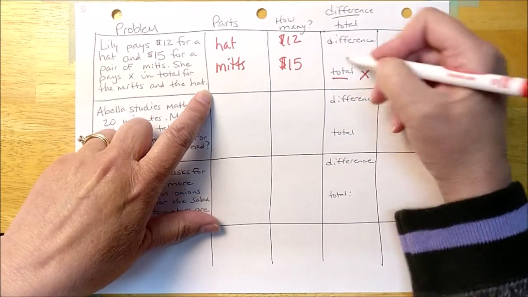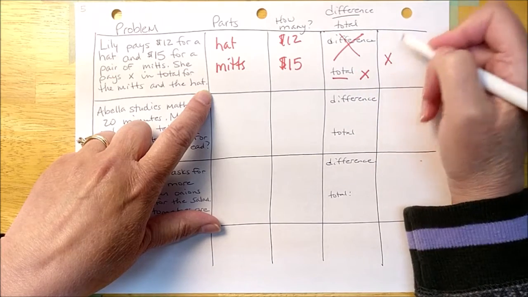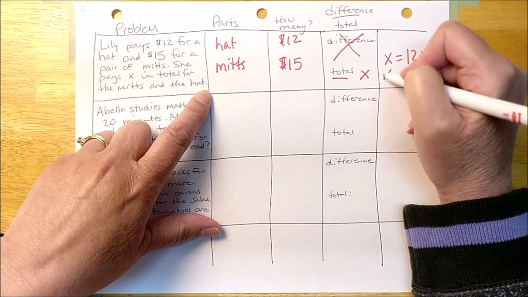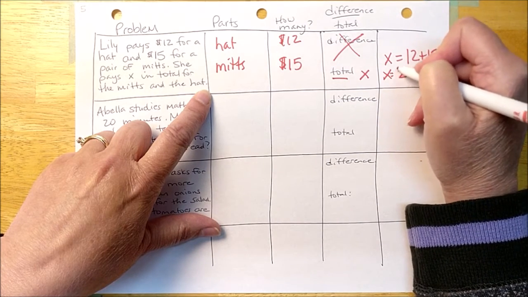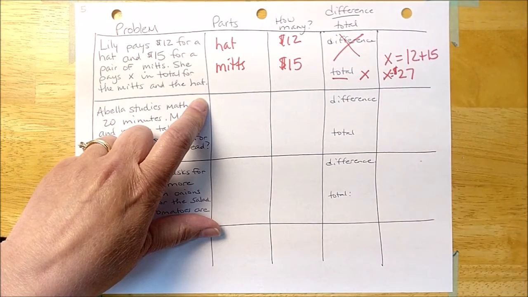Now I'm not going to be looking for the difference, I'm going to be looking for the total. So when I'm looking for a total, I have to add. And when I add those together, X is $27. So to buy both of those two, it's going to cost me $27.